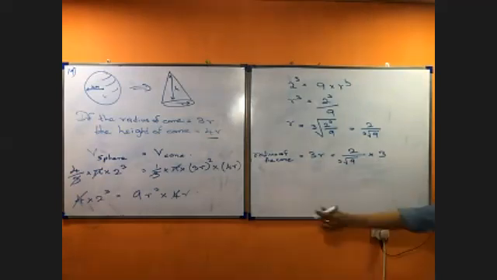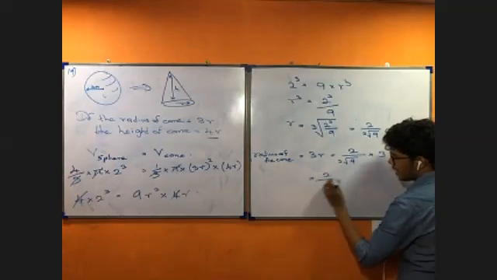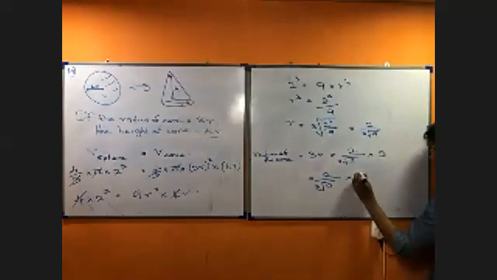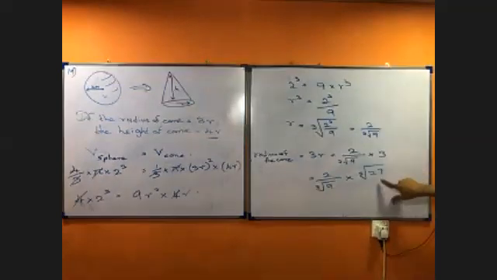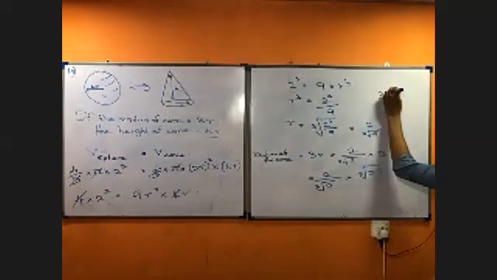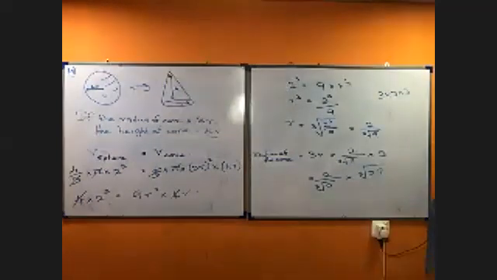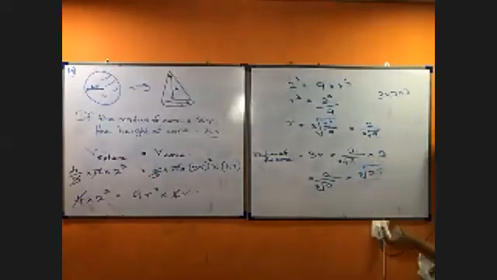Okay, so let me write. This can be written as third root of 9 multiplied by third root of 27. Right? You know, 3 into 3 into 3 is 27. So instead of 3 I just wrote third root of 27.